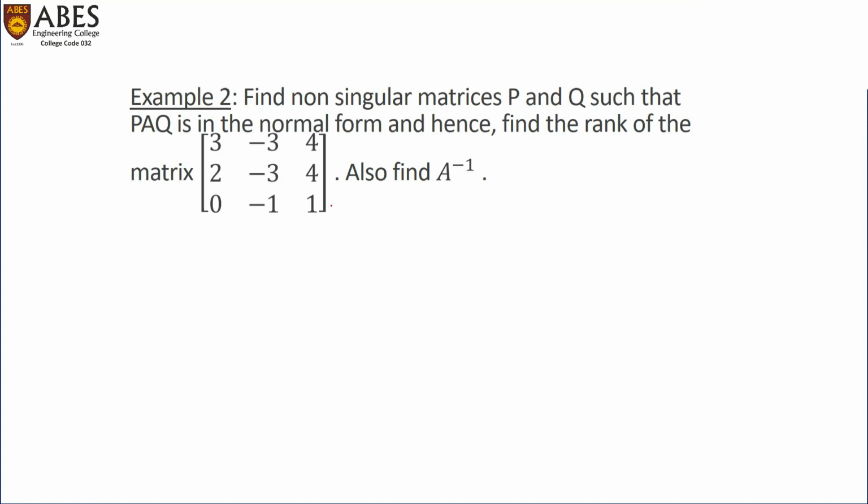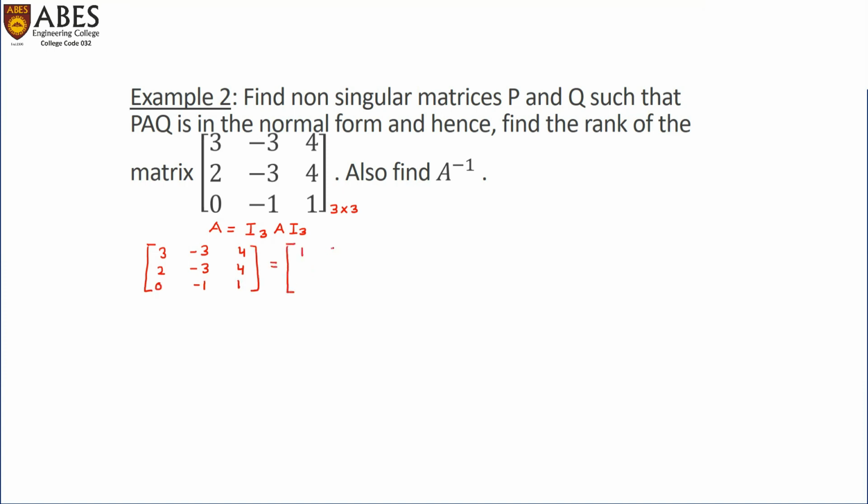The given matrix has 3 rows and 3 columns, so A can be written as I3 A I3. The first I3 corresponds to the number of rows and the second I3 corresponds to the number of columns. The matrix is 3, minus 3, 4, 2, minus 3, 4, 0, minus 1, 1.